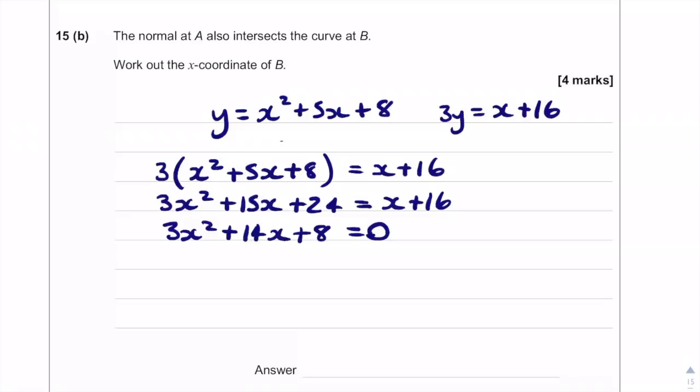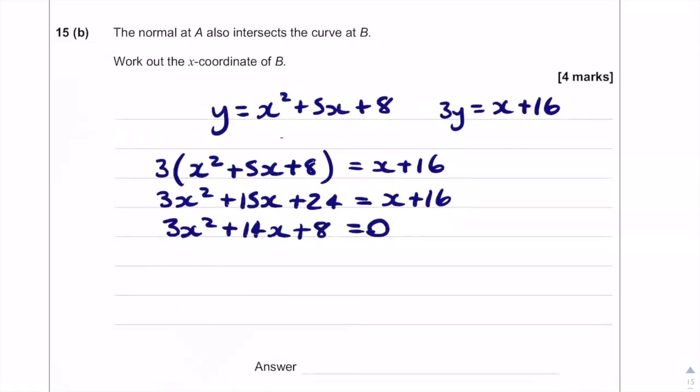In order to factorise this, I could use the quadratic formula. But because I know that this equation also passes through the point A, I know that this equation is going to factorise to x plus 4 multiplied by something. Well, that something must include a 3x in order to get x times 3x, which is 3x squared.